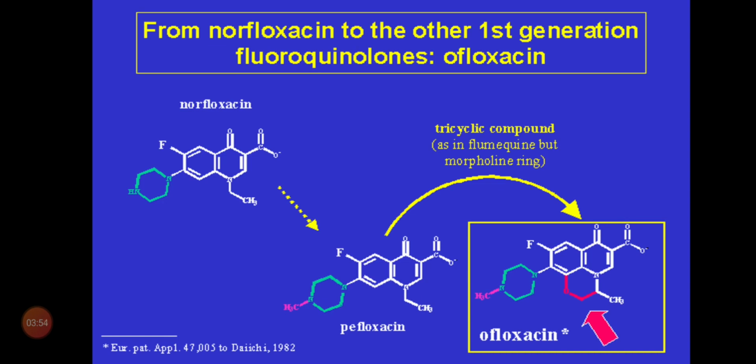The methyl substitution on the piperazine ring remains the same as in pefloxacin, and you get the next derivative known as ofloxacin. The change, the formation of a morpholine ring between N1 nitrogen and C8 carbon, is shown on the slide by the red arrow.